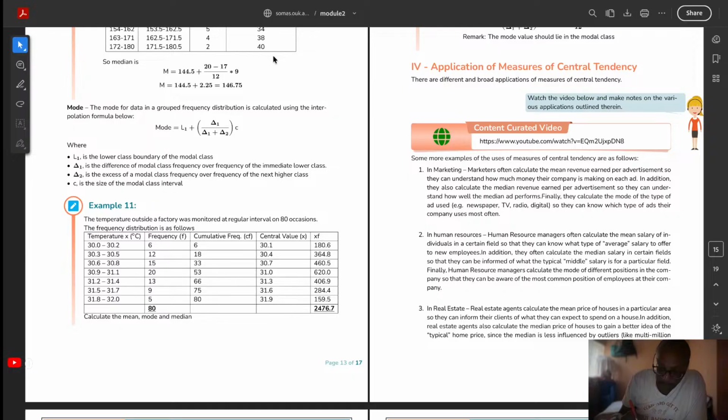Some more examples on uses of measures of central tendencies are as follows.